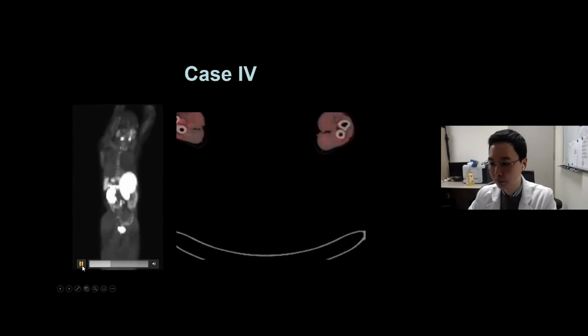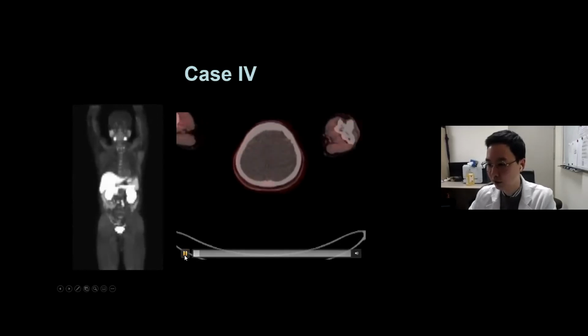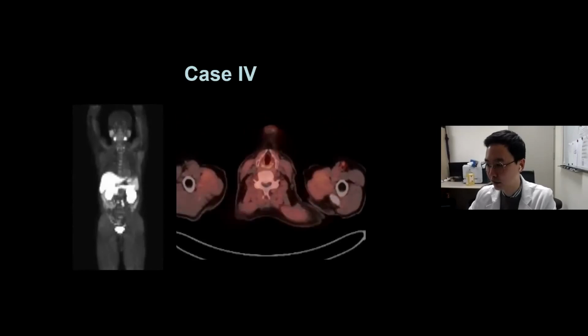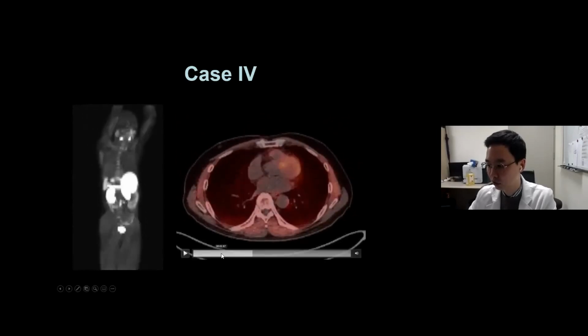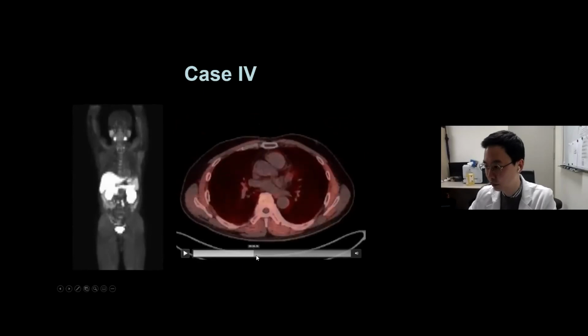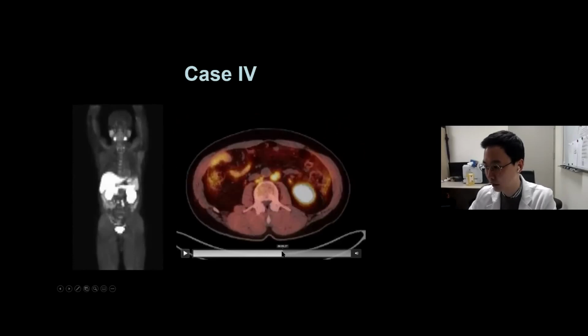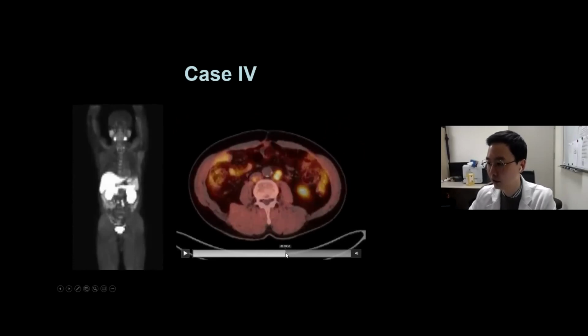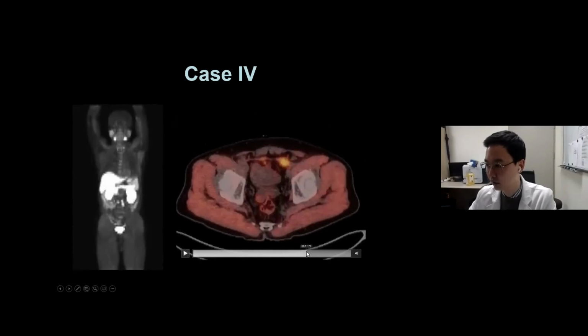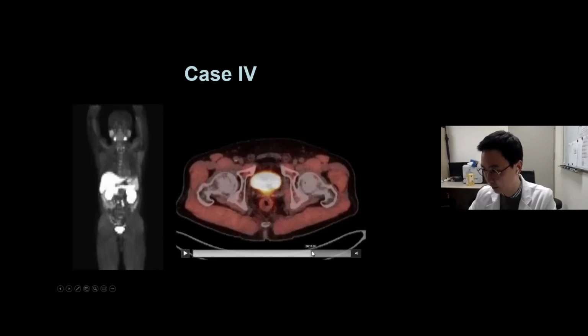However, when you see the choline PET image, you can see some focal uptake in maybe the retroperitoneum area. Looking at the transaxial image of the choline PET, you might see discernible uptake in the left supraclavicular lymph node areas, and also in the retroperitoneal and retrocaval or paraaortic areas, and also some lesion in the pelvic cavity.